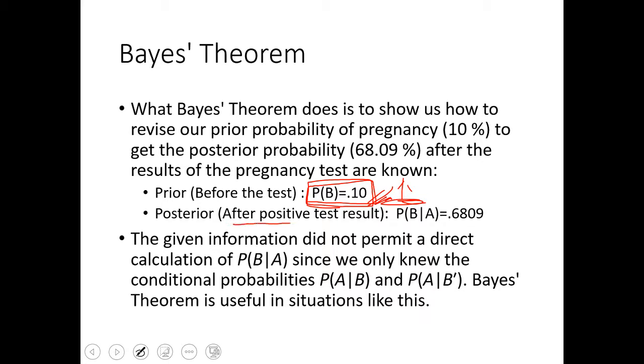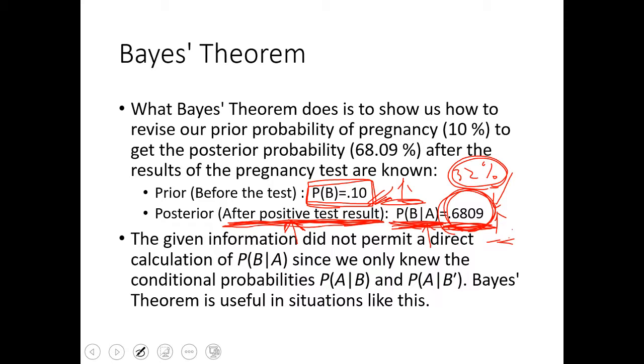But if this woman has the positive result, then the probability that she is pregnant is 68%. Okay, so it is increased. The positive result changes the probability of pregnant to be higher. But we still have around 32% non-pregnant, so it is not perfectly correct.